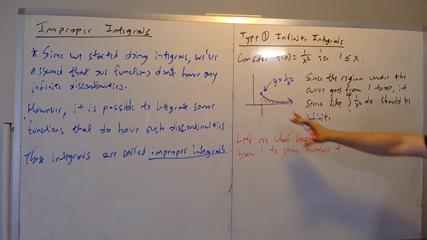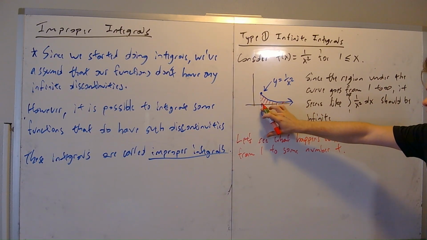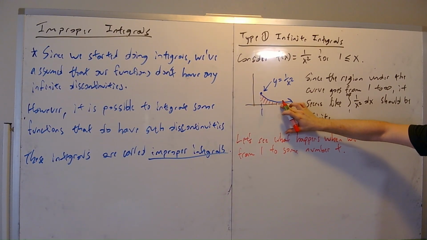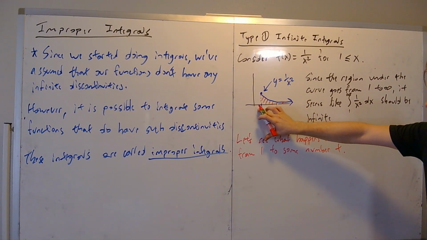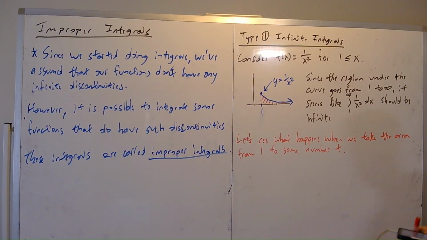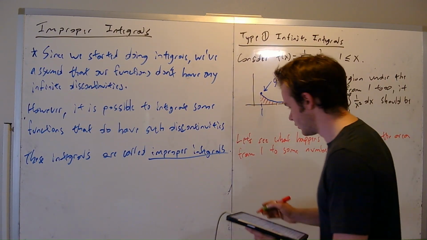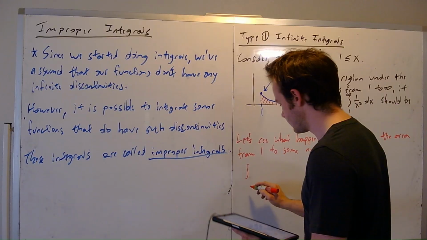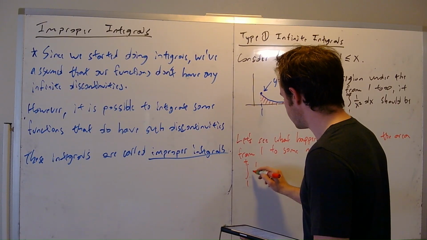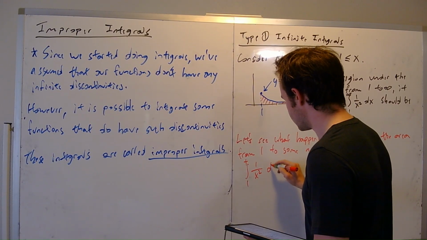So instead of taking the integral from 1 to infinity, let's just say we're taking the integral from 1 to just some number t. So the area under the curve between 1 and some number t. So let's just calculate what this is going to be. So our integral from 1 to t of 1 over x squared dx.